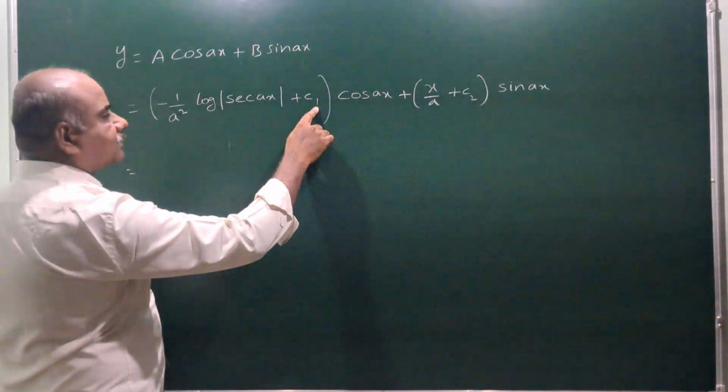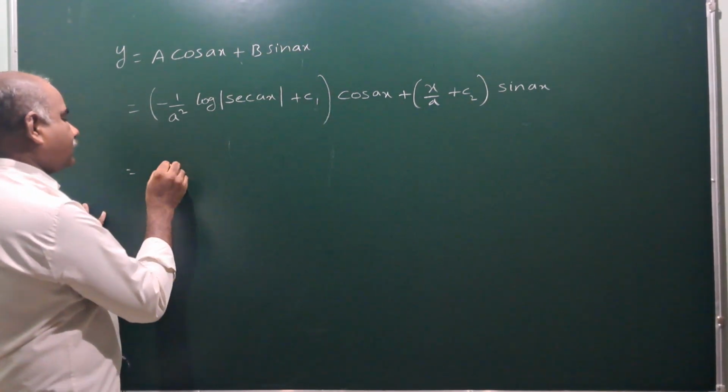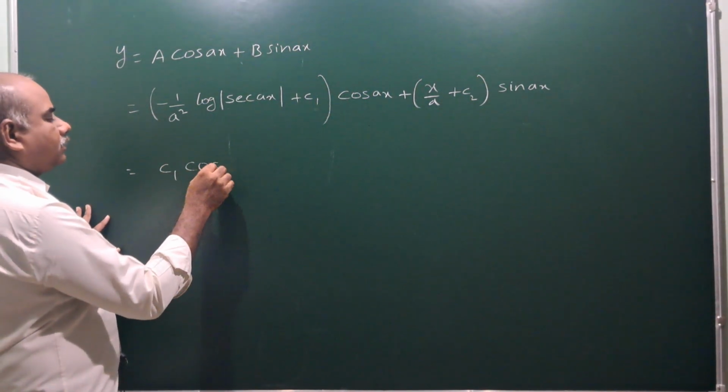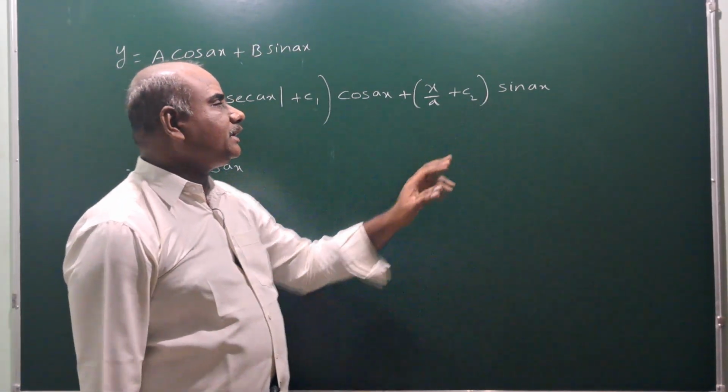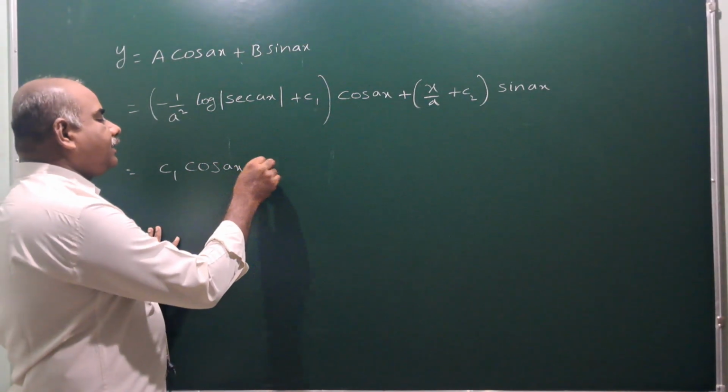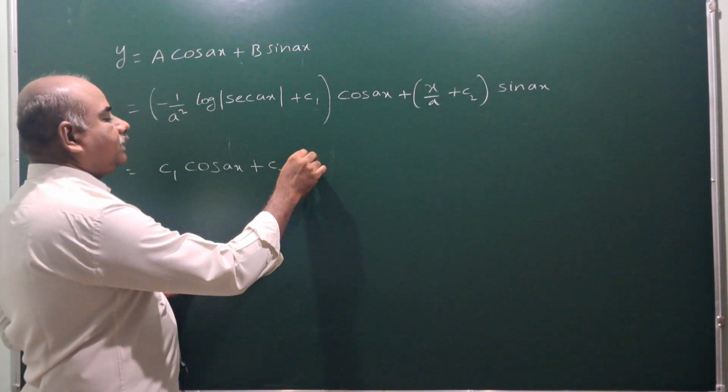First of all write c1 cos ax and the next term c2 sin ax.